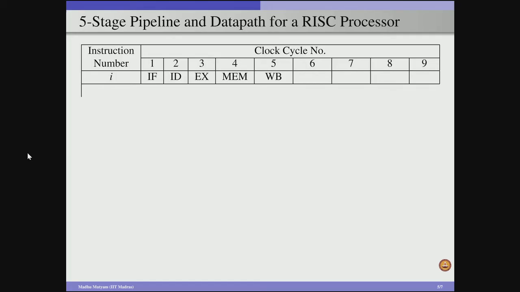So we can issue the next instruction to the instruction fetch stage, because we know that instruction fetch performs independent operations as compared to the instruction decode, which performs independent computations as compared to the execute stage, which performs independent computations with respect to the memory stage, and all these 4 stages perform independent computations with respect to write back. Effectively, all these 5 pipeline stages perform independent computations with respect to each other.